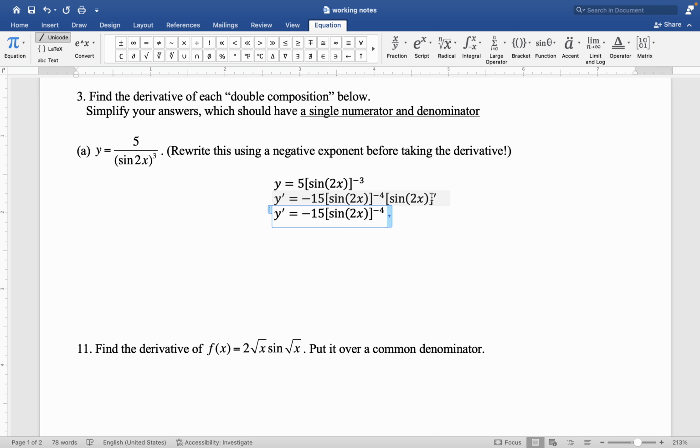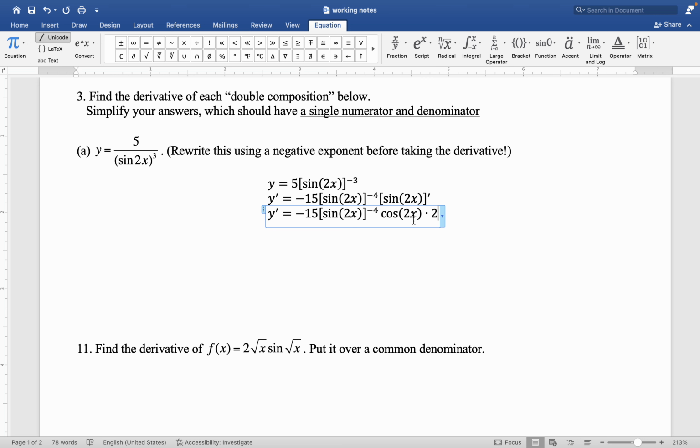Well, the outside function is sine blank, so the derivative of sine blank is cosine blank. 2x goes on the inside, but then we need to multiply by the derivative of the inside function, which is 2. If you got this problem wrong, my bet would be that you didn't get this 2 because you didn't see that the inside function itself was a composition and required the chain rule. That's what people typically miss on this problem.